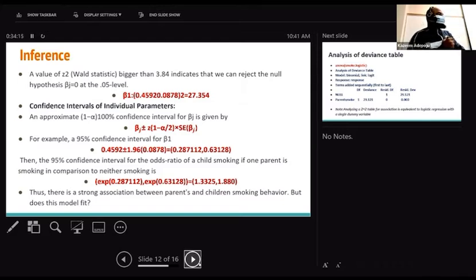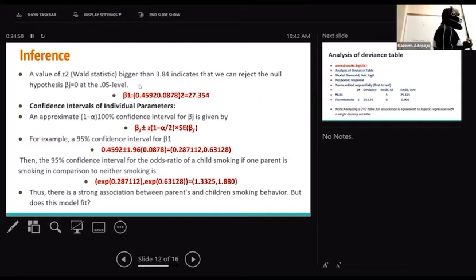Can we also get the confidence interval of the odds ratio? The first thing I'm trying to do here is to obtain the value using the z-square statistic, which is the square of the parameter of the log odds estimate that we got. That is where you test whether the beta is equal to 0 or not. But you don't need that.